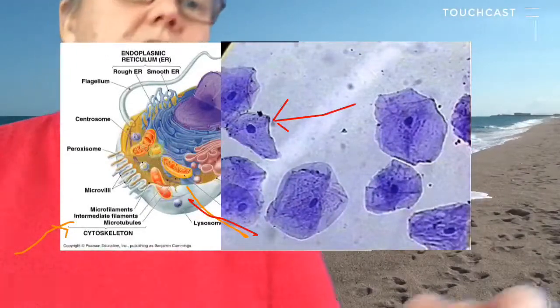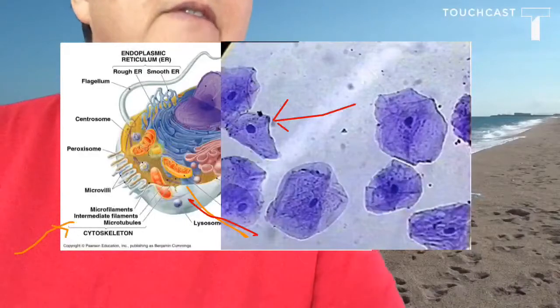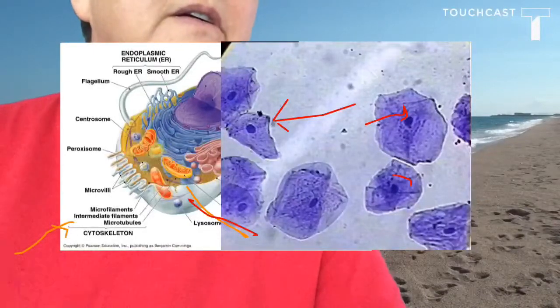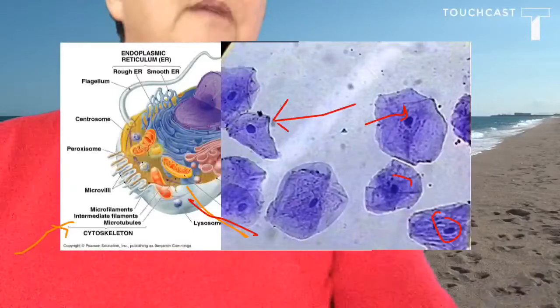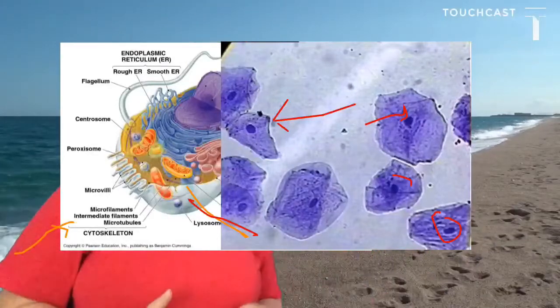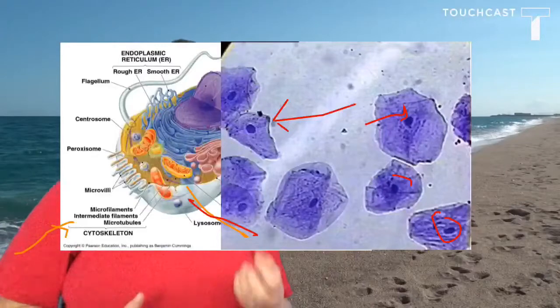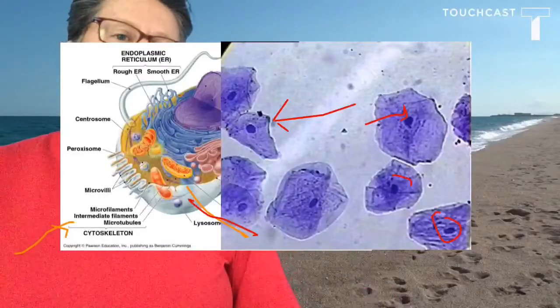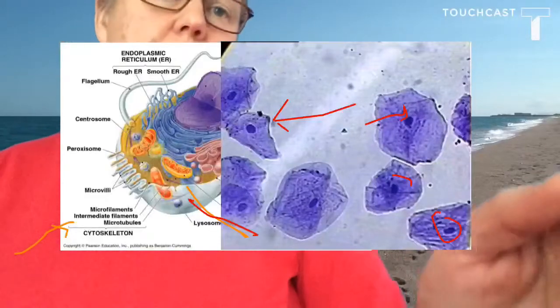And you can clearly see the nuclei of these cells right here, here, here, as well as the cell membrane. And so animal cells don't always have a fixed shape because the cell membrane is kind of soft and pliable, and so cheek cells can come in different kinds of shapes.